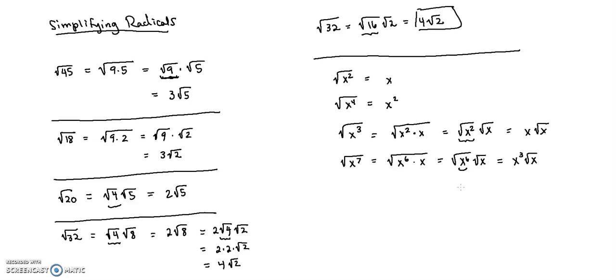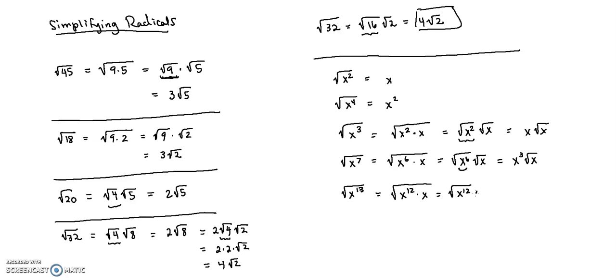Okay, so just like with the numbers, break it up into pieces that you know, and you can reduce it that way. So let's say we've got x to the 13th. The biggest even number in that is x to the 12th and 1 x left over.